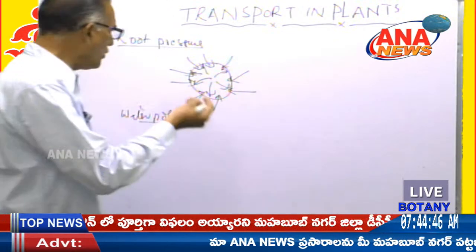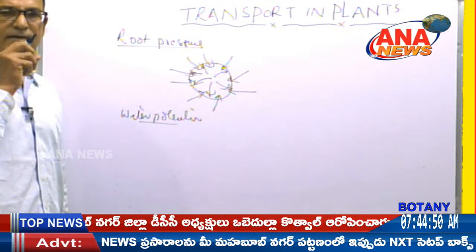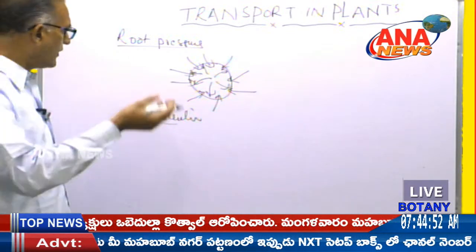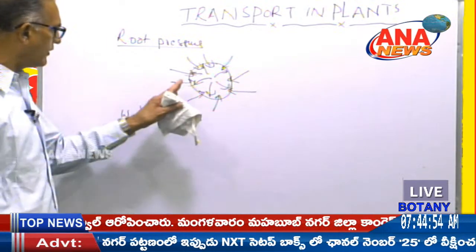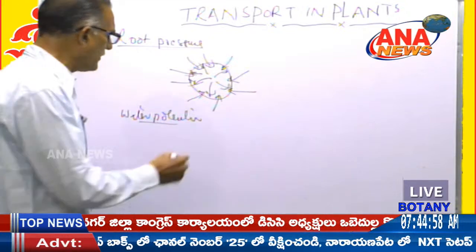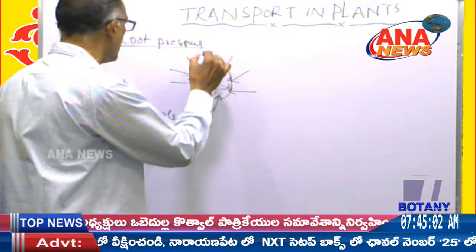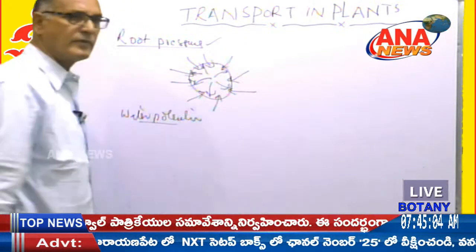A positive pressure is developed in the cell by absorbing the minerals. As the different types of minerals enter into the cell, it creates some pressure. The positive pressure which is created in the cell is called root pressure.